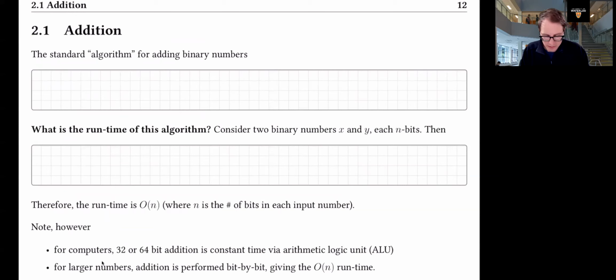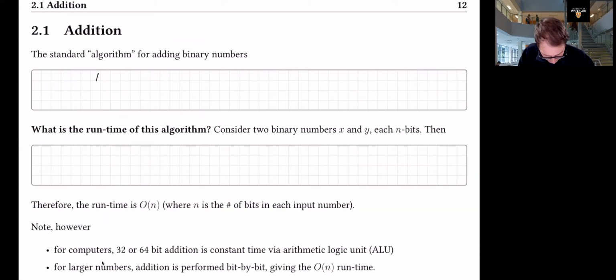Addition, there is nothing fancy here. The way you do addition with large binary numbers is exactly like the grade school algorithm for addition. As an example, let's suppose I'm trying to add two binary numbers.